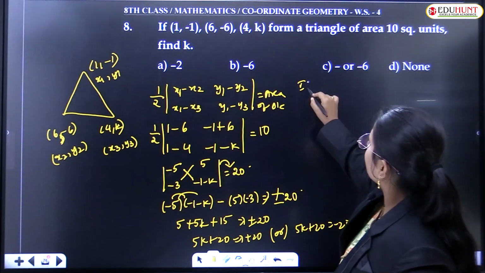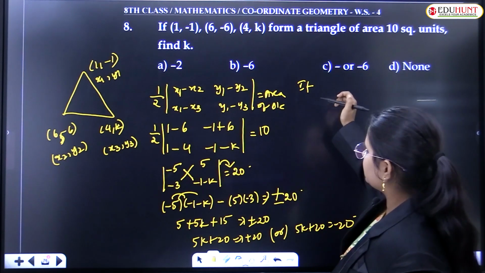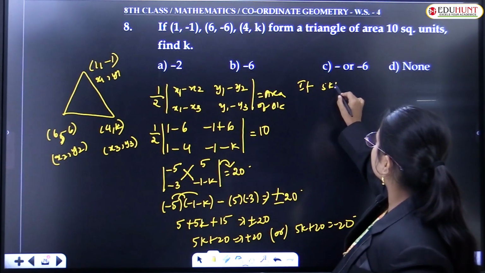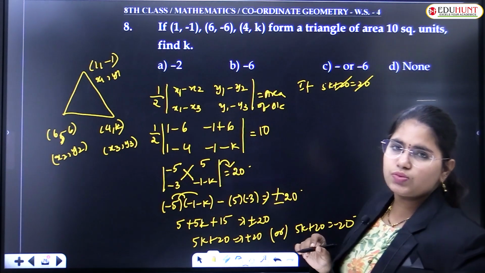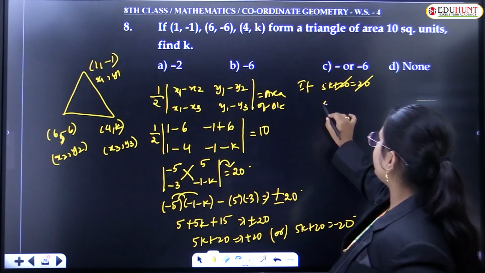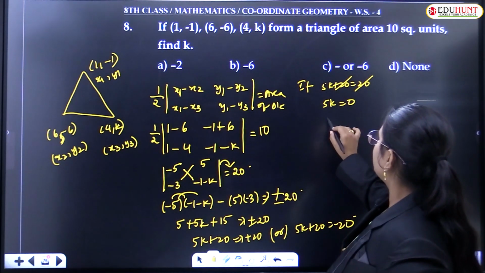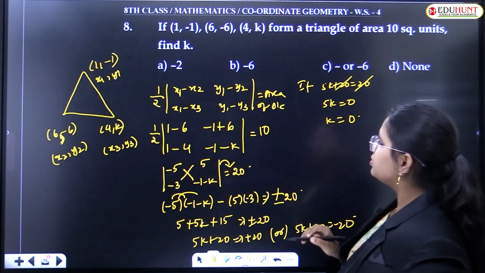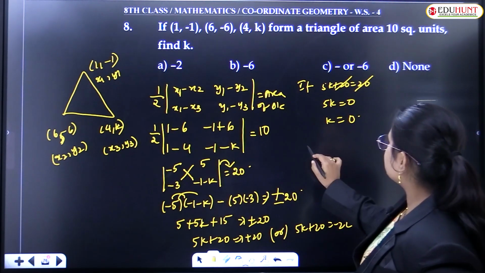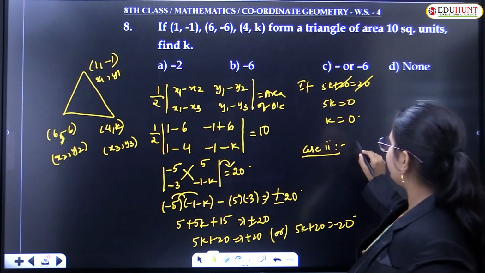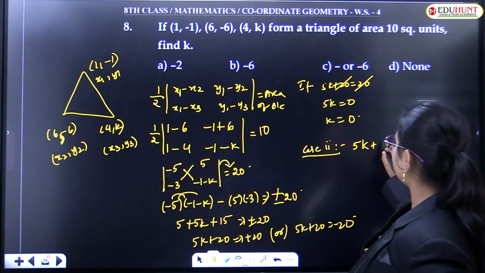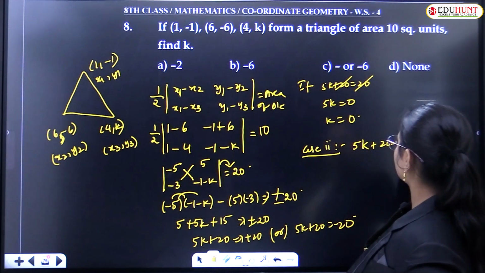Let me take the first case. If 5k plus 20 is equal to 20, cancel 20 on both sides, what will you be left with? 5k is equal to 0, then the k value is equal to 0, right? So what is case 2? We have 5k plus 20 is equal to minus 20.